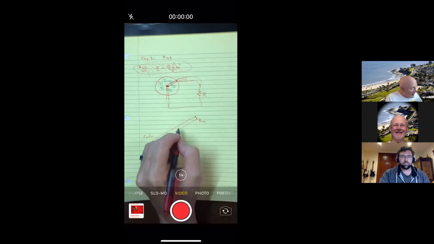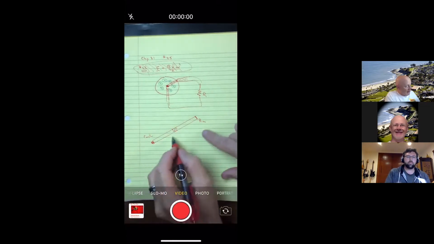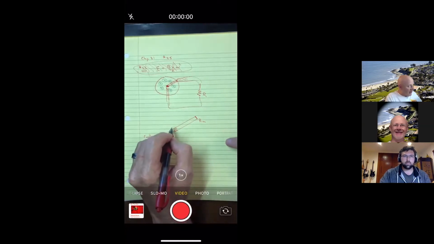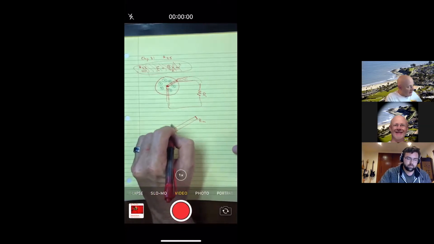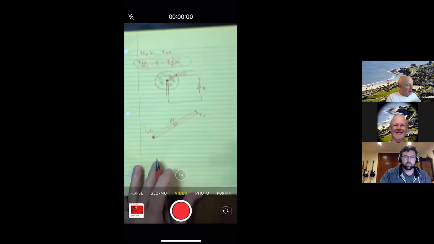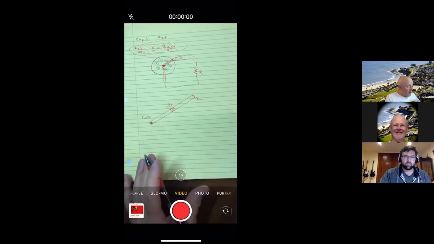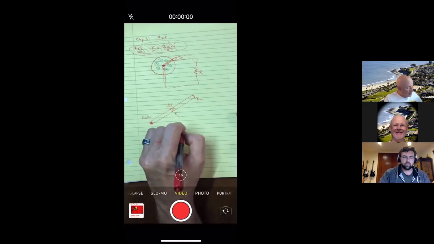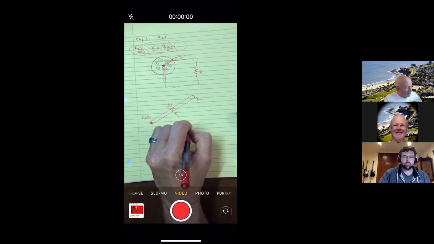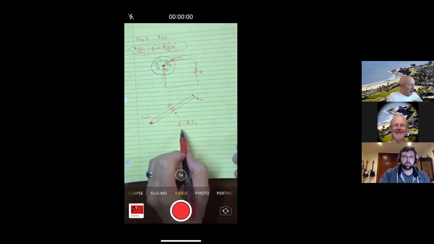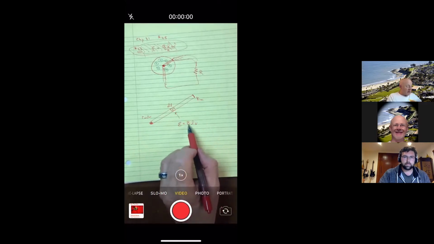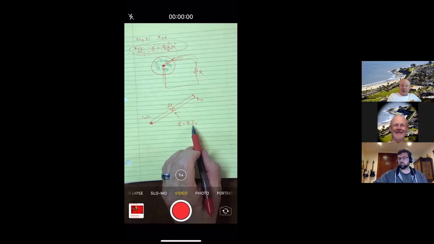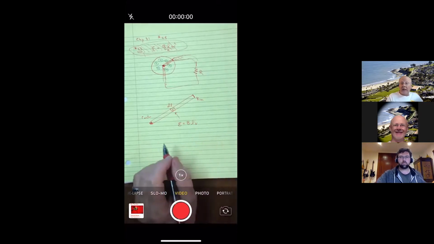But why don't I take a small little piece of it, and I will say that it has a small length of dl. I pick that because the motional EMF was that we get a voltage that is created by these three factors: the strength of the magnetic field, the length of the metal bar, and the velocity that it's moving.